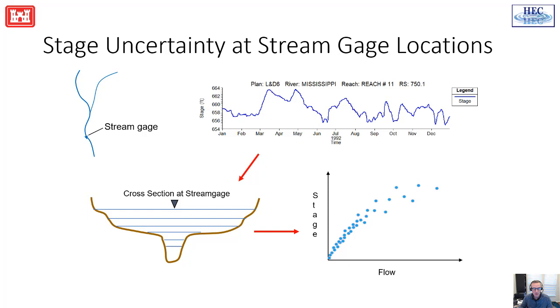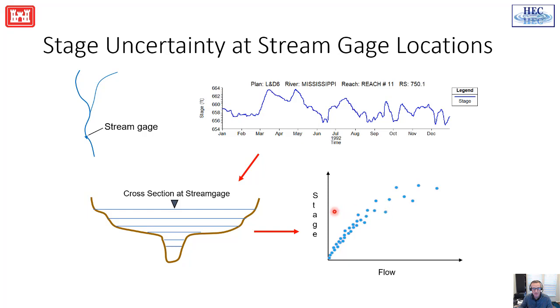So if we look at a particular stage, the computed flow that we have may be much higher for this measurement than for this other measurement that's showing lower flow. This could be due to the fact simply that on the rising side of the hydrograph, the flow downstream is low, so we're not having backwater effects.